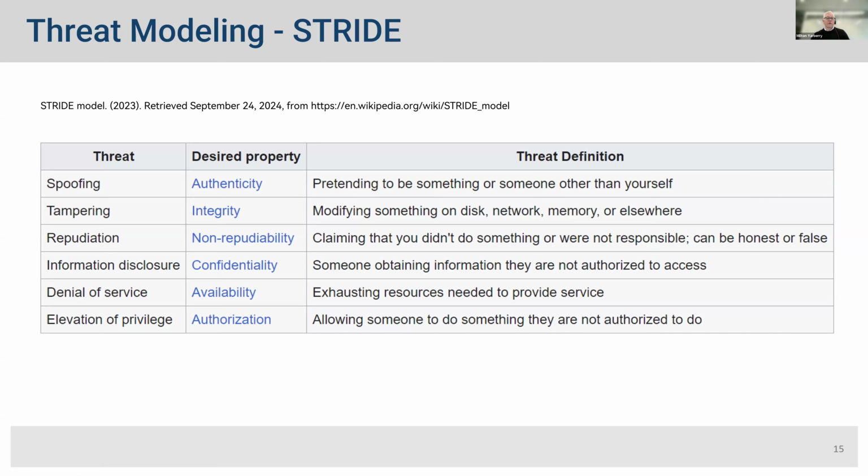Again, the emphasis there on authorized, meaning roles. Denial of service, which is typically done by exhausting resources needed to provide the service, where the desired property there is availability. And elevation of privilege, allowing someone to do something they're not authorized to do, again, back to roles, and basically the desired property that the FDA is looking for is authorization.